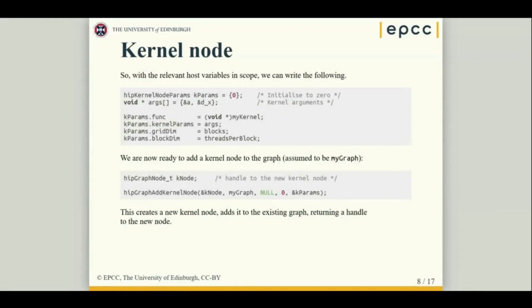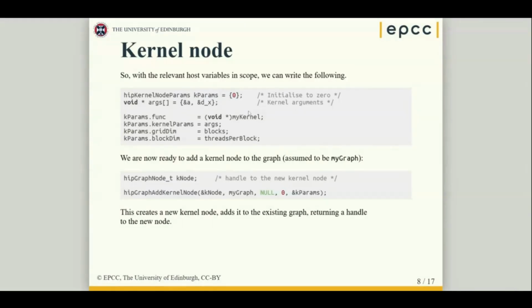Here I have an example. I define this structure that I mentioned before and initialize it to 0, so all of the fields, as I said before, the public members, will be 0.